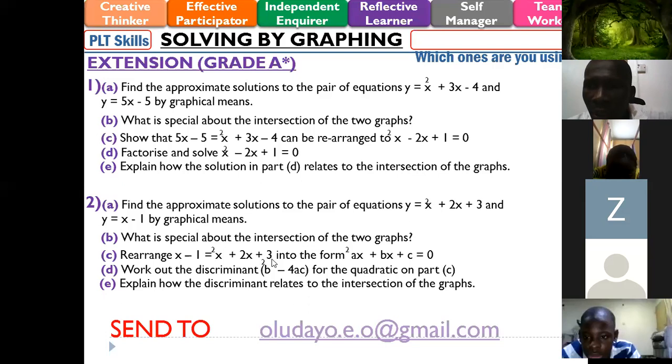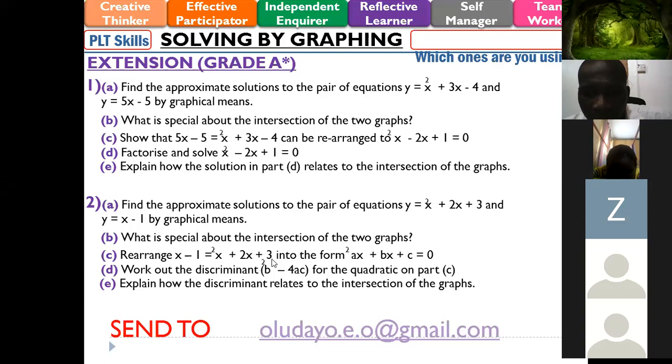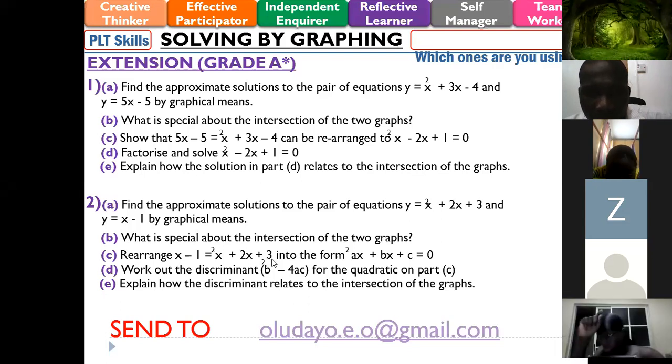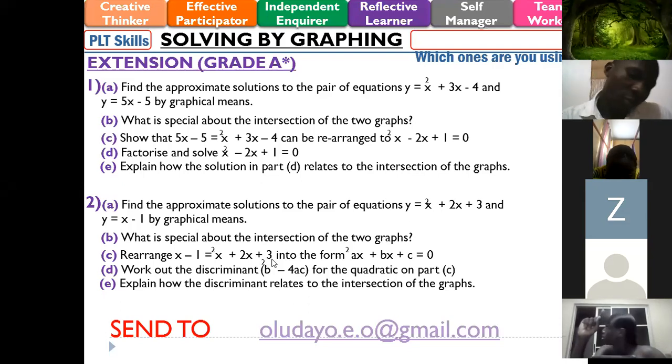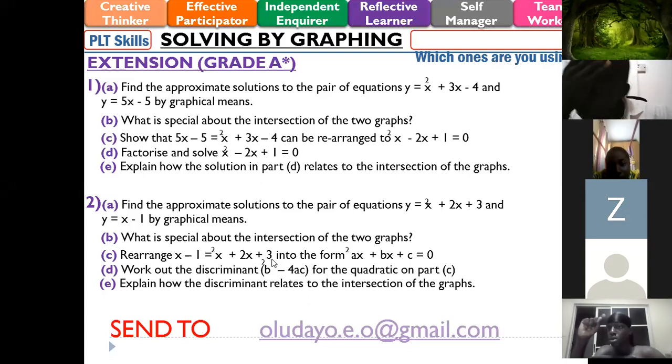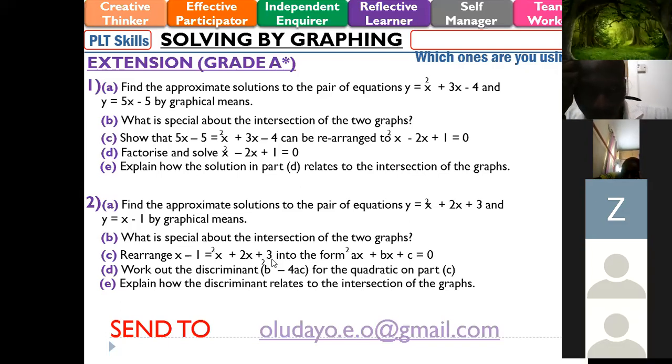Any other person? Zainab, are you still raising your hand? Daniel. Sir, I'm going to send the graph to you. Once you have done the graph sheet, just use the camera on your phone, screenshot it, and send it, just attach it.